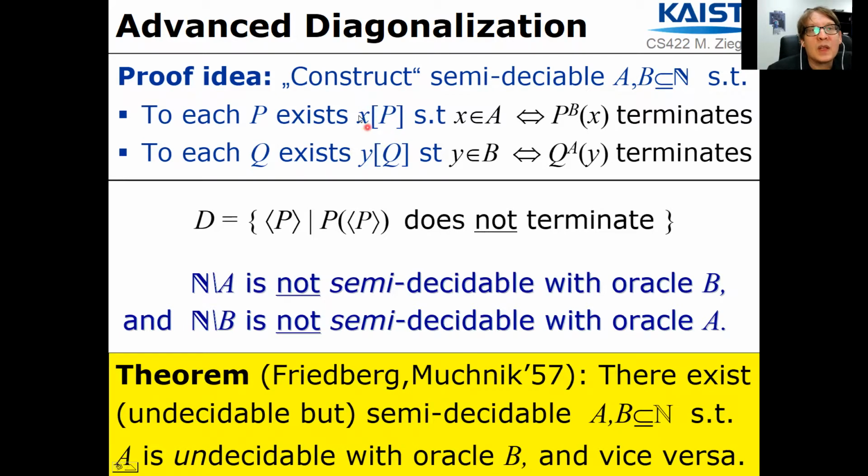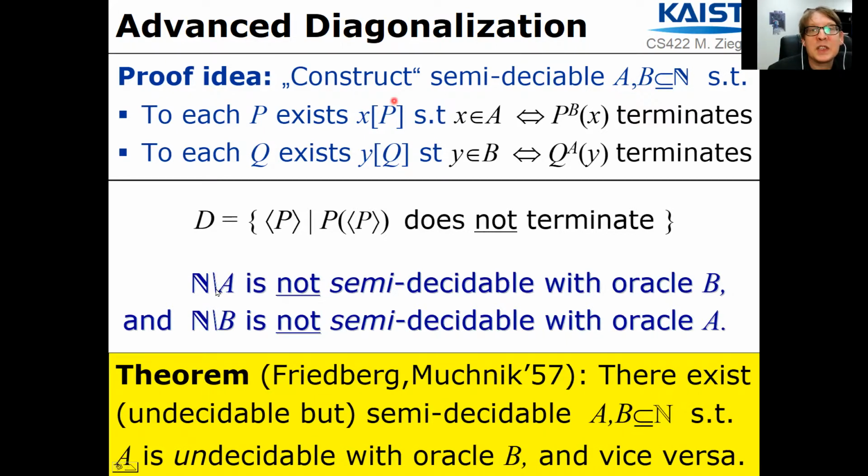This while program P on input X, by the very definition, if X belongs to A, so it does not belong to the complement, then the algorithm terminates, which means it semi-decides this complement.